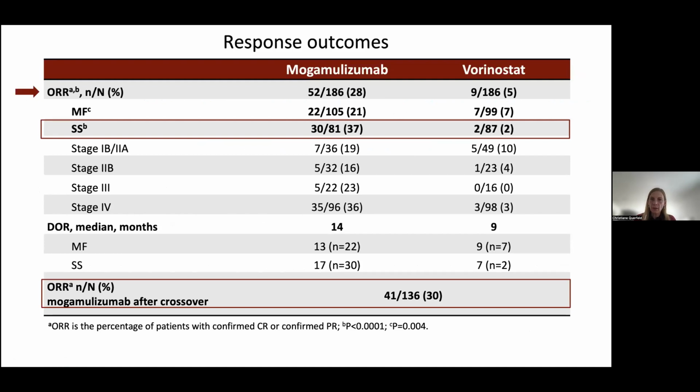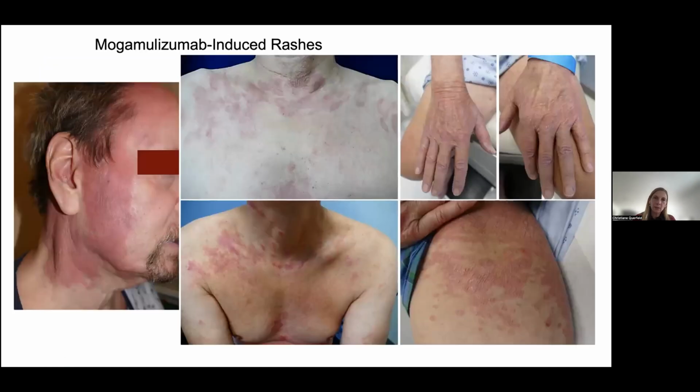What I want to point out is that patients with erythrodermic disease, Sézary and erythrodermic mycosis fungoides, respond to that. What has been underappreciated is that patients develop a rash. These are some of our patients. It can be a phototoxic reaction, psoriasiform, or even MF-like, as you see here.